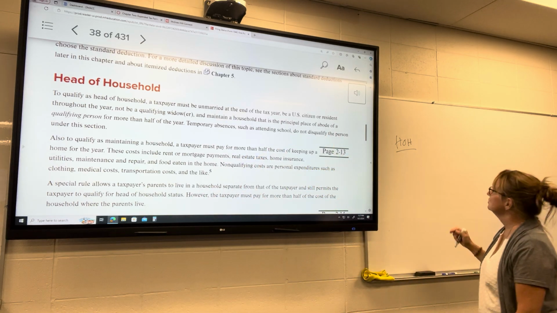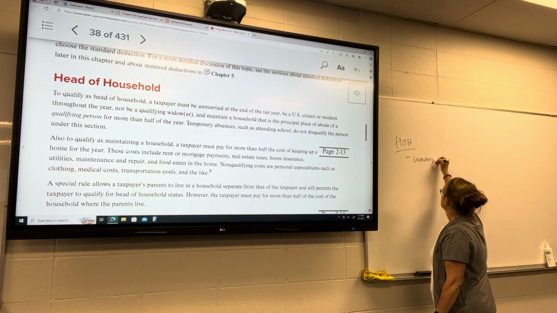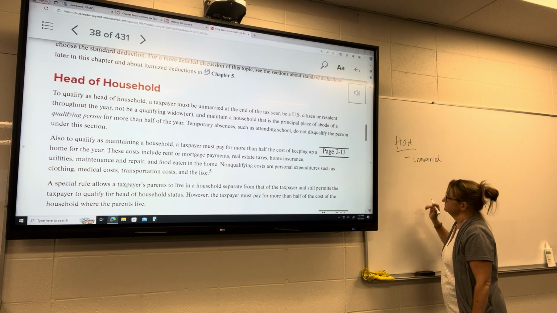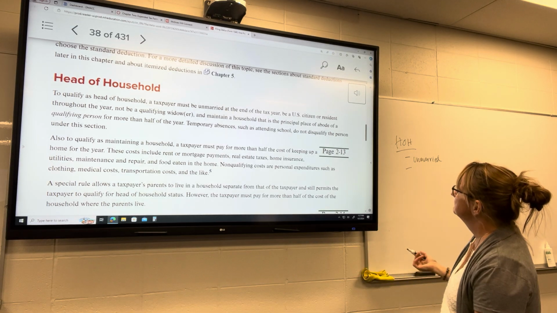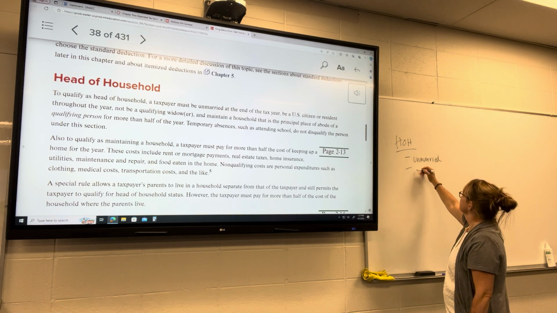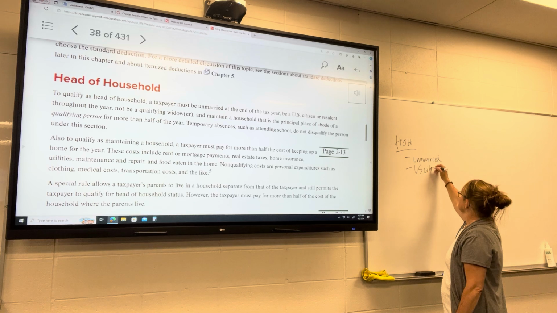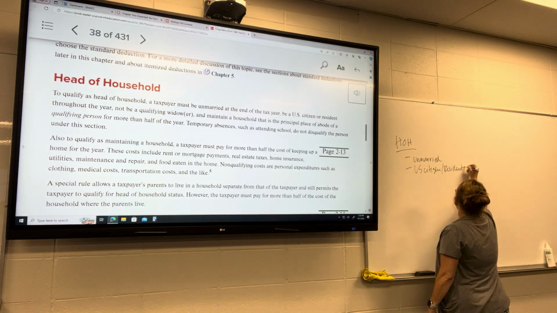So for head of household, you are unmarried at the end of the year. Okay, so same as single, right? But you're unmarried. You have to be a U.S. citizen or resident all year.